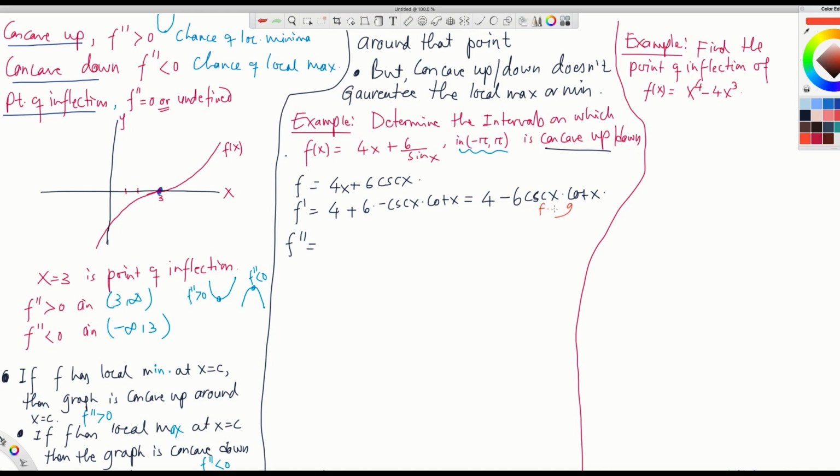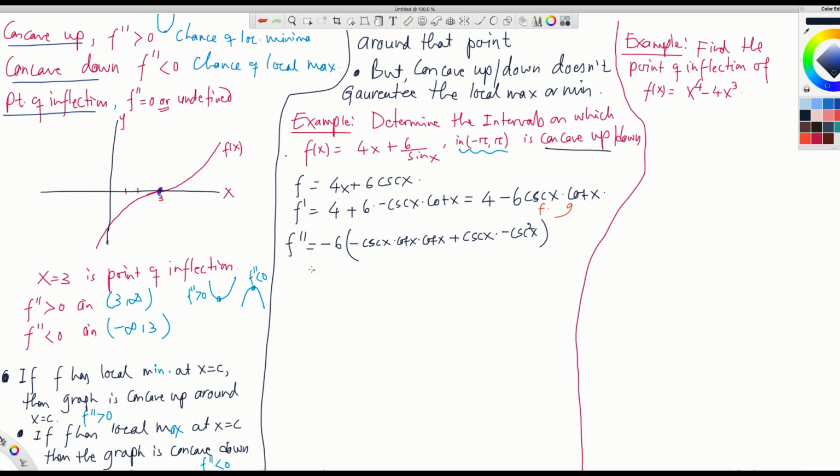So it is negative 6 times f prime, which is negative cosecant x times cotangent x, times g, which is cotangent x, and then plus f times g prime, which is cosecant x times the derivative of cotangent x, which is negative cosecant squared x. That's what you get, right?